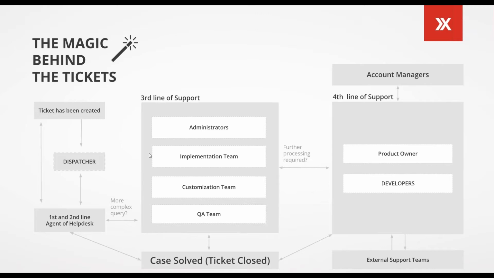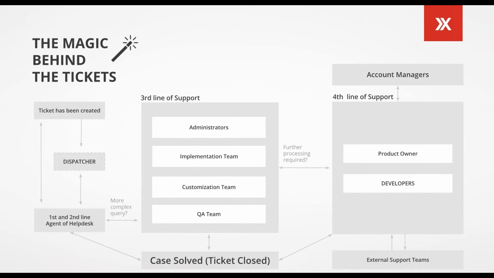The third line of support also covers the customization team. This is the team where all tickets related to document customization and modification go. If you request any change in the templates which XTRF is using, or numbering schemes or directories, then this ticket will definitely be transferred to the customization team, which will take care of it.